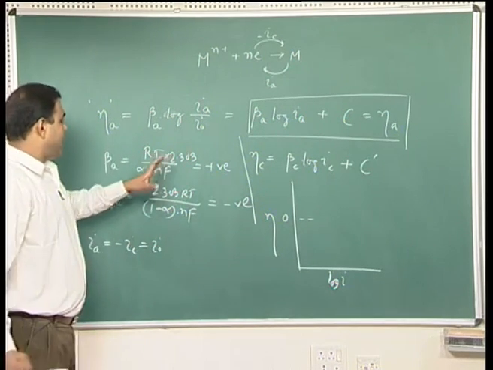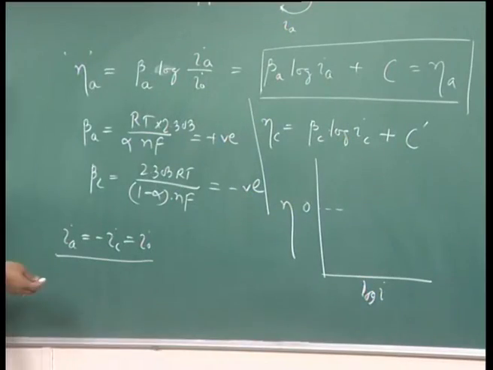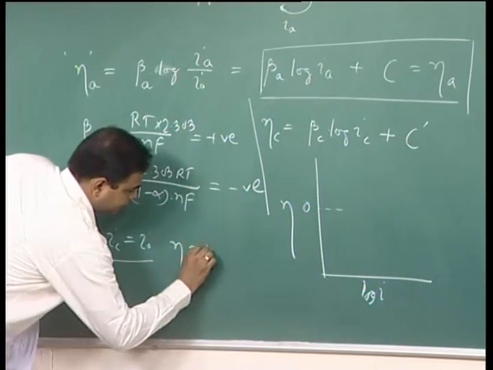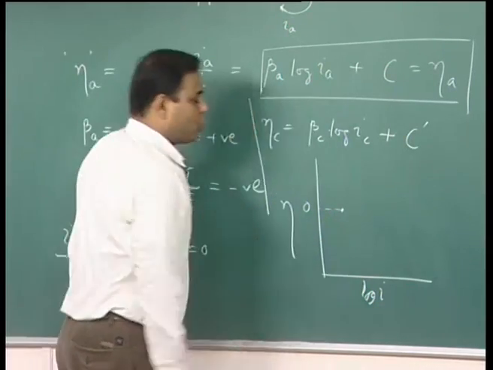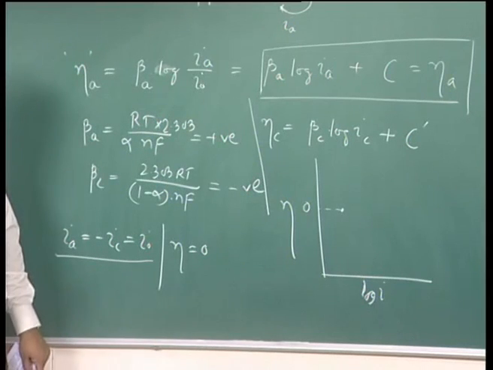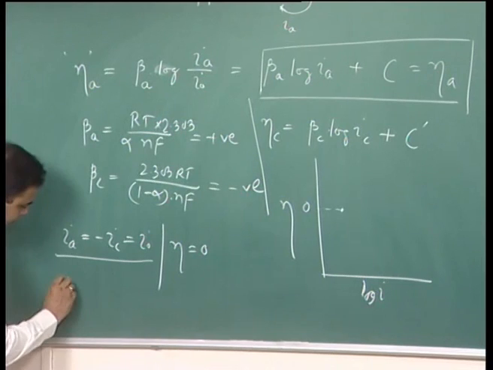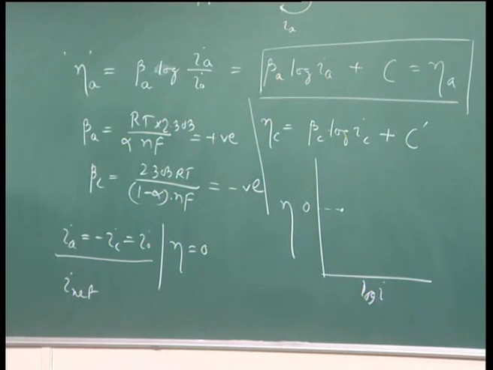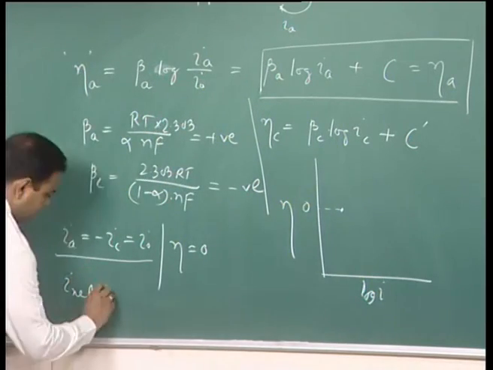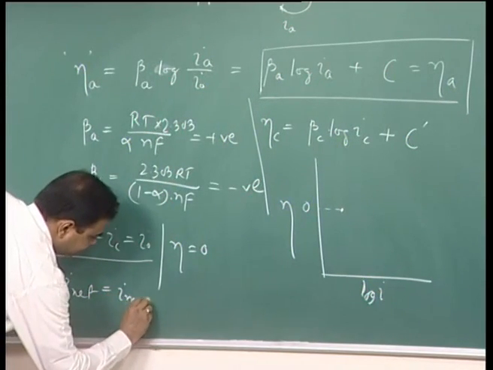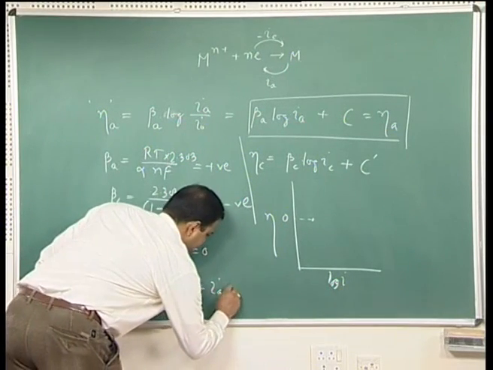So, when this condition is satisfied, that time we know that there would be no net current flow in the system. Because I know what is my net current flow, or the measured current what you are seeing in the circuit, that would be I measured equal to I A minus I C.